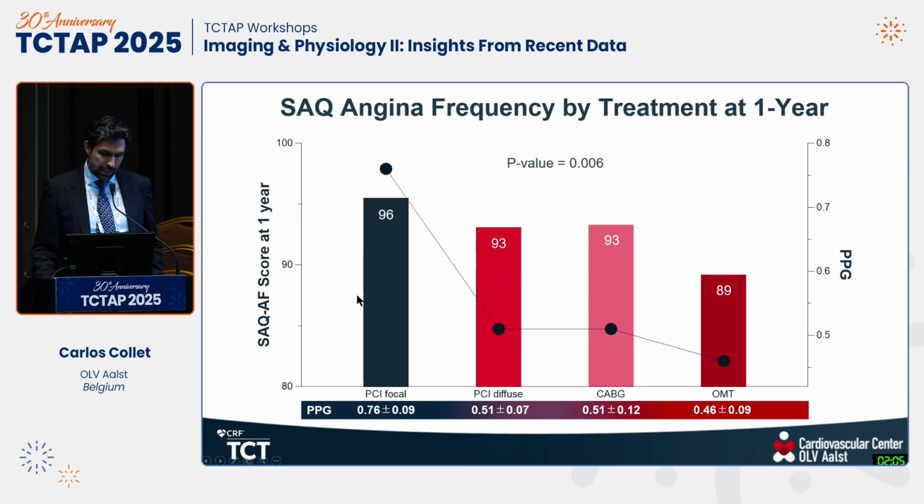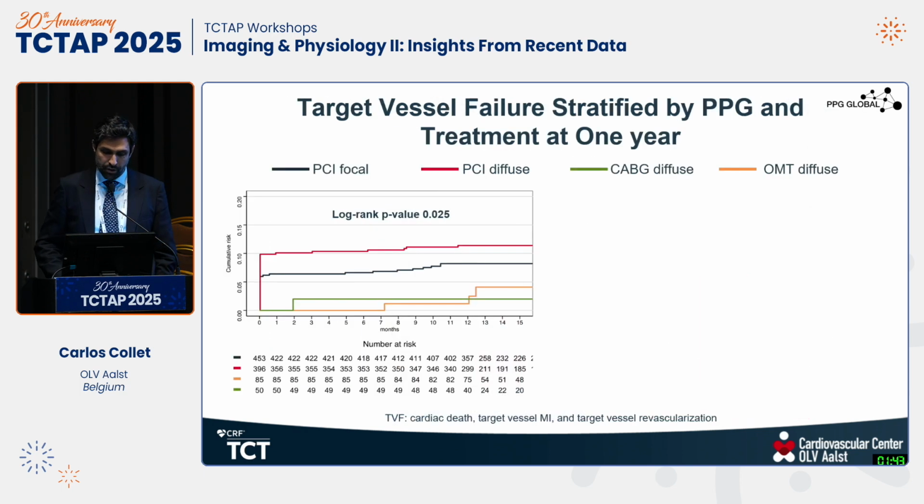I like the words that Nils uses: the patients with focal disease are the winners. These are the guys that feel better. PCI in diffuse disease and surgery have more or less the same angina frequency. And I have to say that the patients treated medically reported a higher level of angina compared to those that were revascularized.